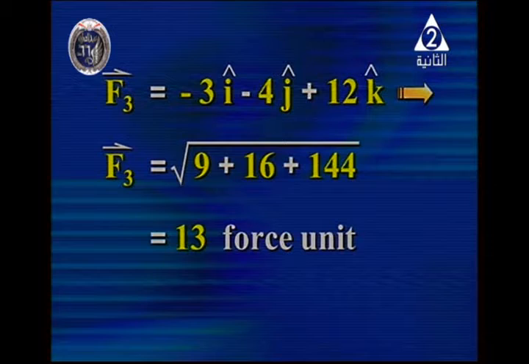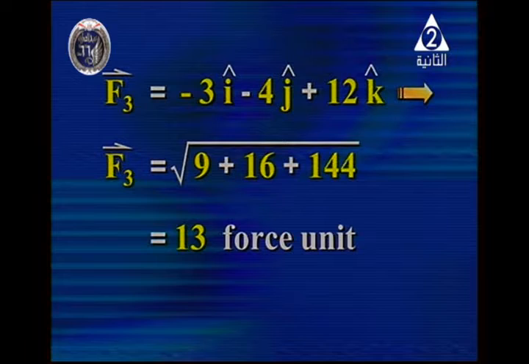But the norm of F3, by using negative 3 to the power 2 plus negative 4 to the power 2 plus 12 to the power 2 under the square root, is the square root of 9 plus 16 plus 144, and the answer is 13 force unit.